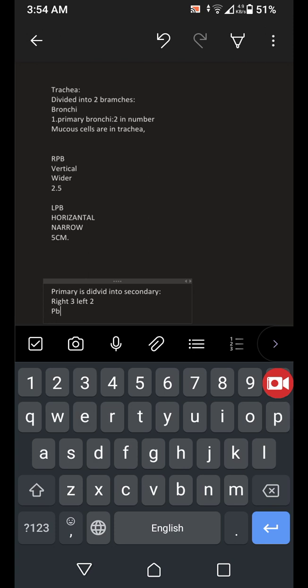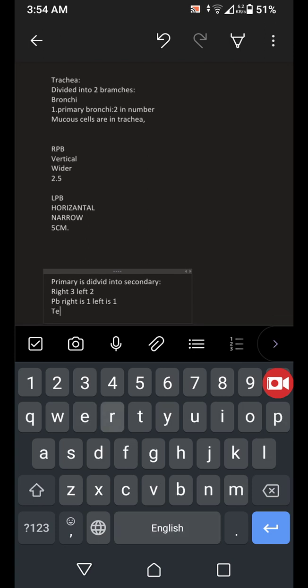The number of primary bronchi in right is 1 and left is 1. And the secondary is further divided into tertiary, and the number of tertiary in right is 10 and in left it is 8. So the tertiary are total 18 in number.